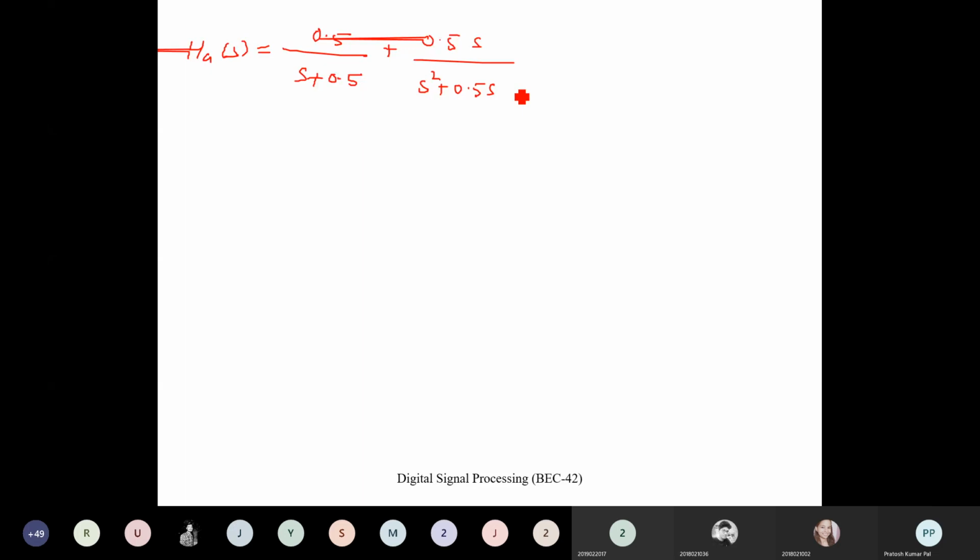Similarly, a third formula is there, if it is of the form B divided by ((s plus A) whole square plus B square).